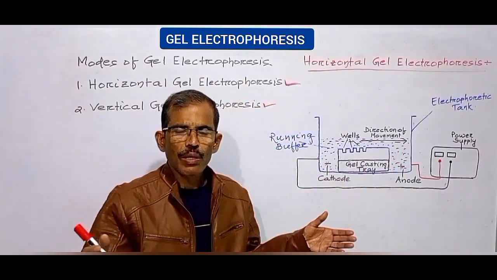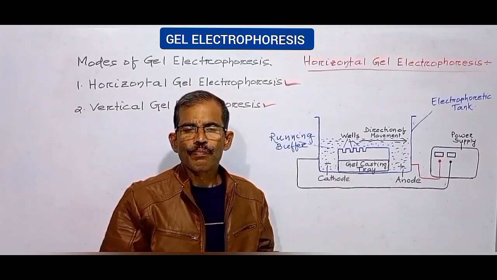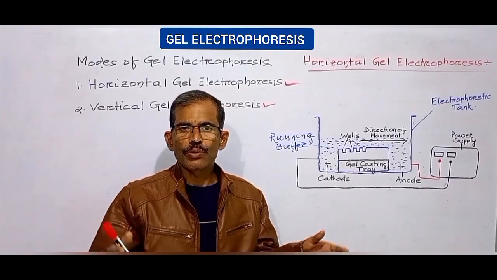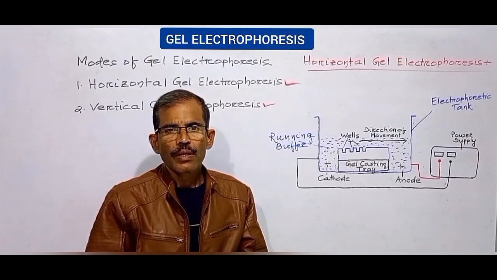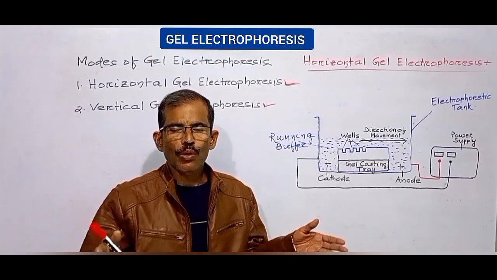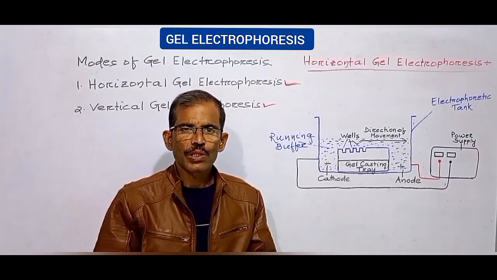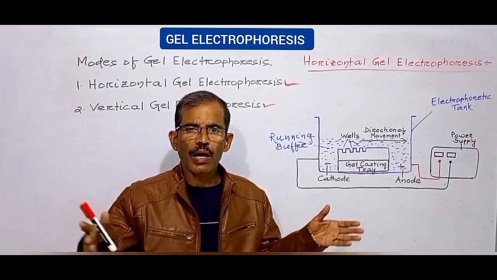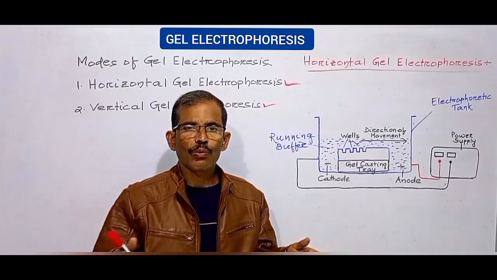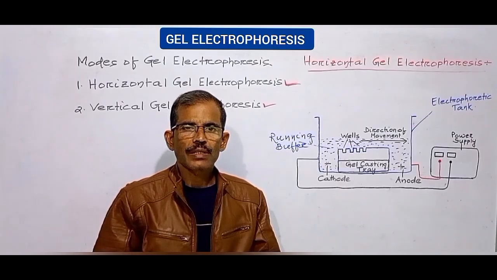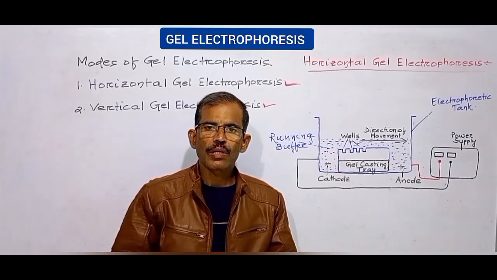Due to the nature of the horizontal setup, it is not feasible to use a discontinuous buffer system. The gel used in horizontal electrophoresis is generally made of agarose, which has larger pores and is therefore widely used in the separation of nucleic acids.